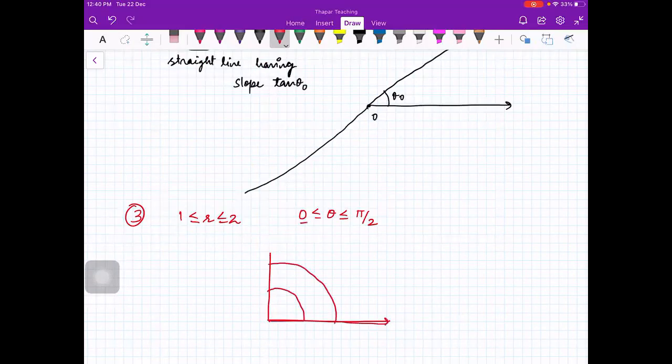This is the theta = 0 axis and this is the theta = pi by 2 axis. And then r is from 1 to 2. This is r = 1, this is r = 2. Ma'am, it becomes a sector. Yeah, this arc you are talking about. Not the sector. Sector includes this whole thing, but because we are between 1 and 2, we are talking about the arc. Okay, ma'am.